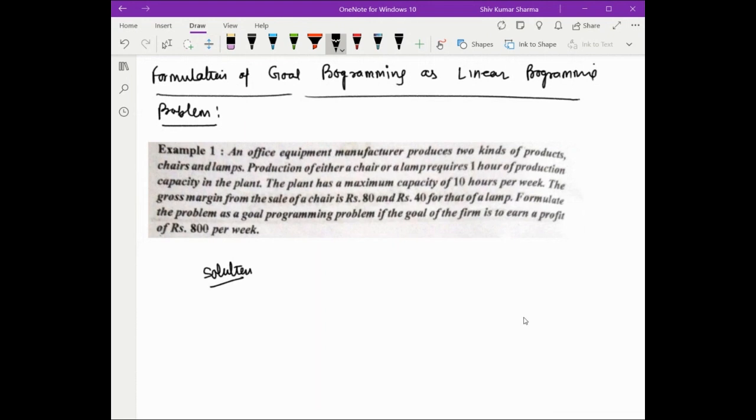So there are two variables. One is chair and the second is lamp. So we write the variables x1 and x2.